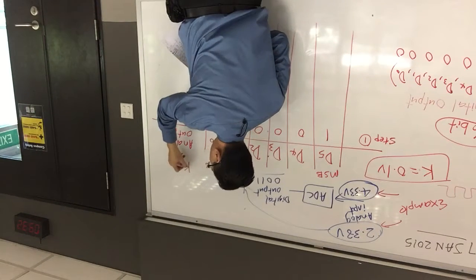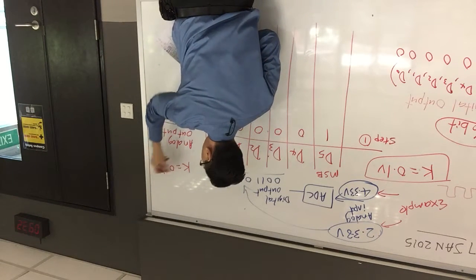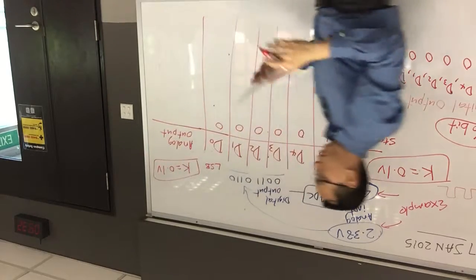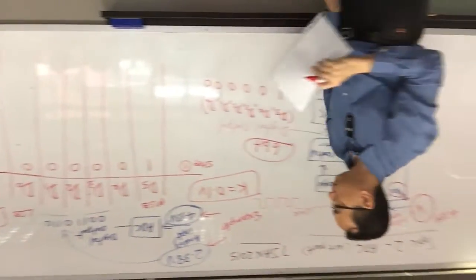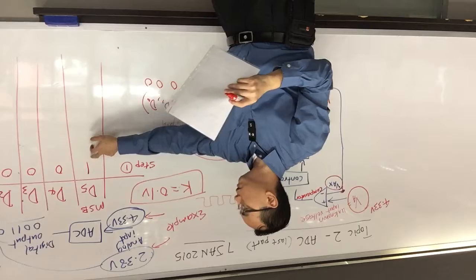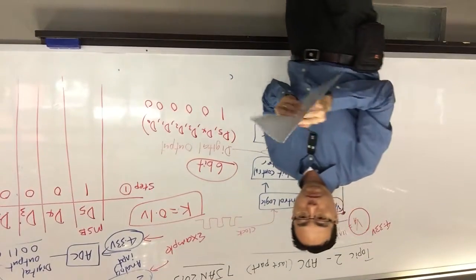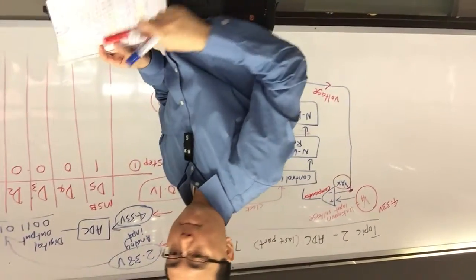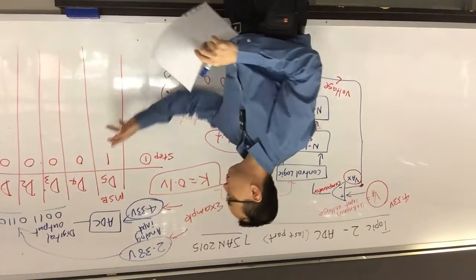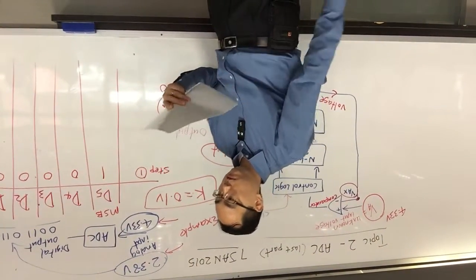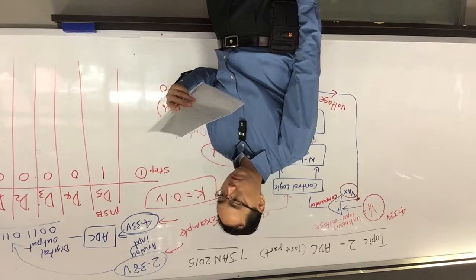I want to know what is the analog output if I give you the K is 0.1 volt. This one, what is the decimal equivalent? Can somebody help me? Is it 2 to the power of 6 minus 1 times 0.1? It doesn't look right.